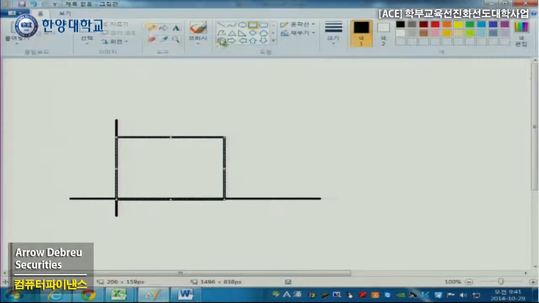So it is between 0 and 1. I can generate a random number between 0 and 1, and let's call this area P. When I generate a random number in this area, this is maybe head.